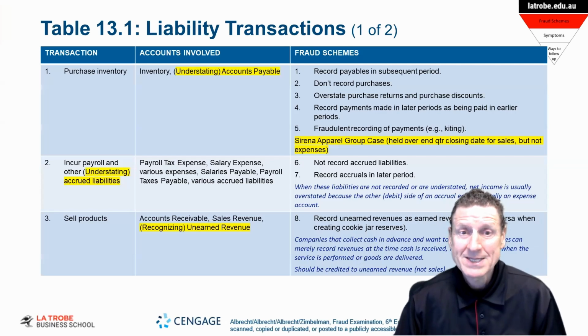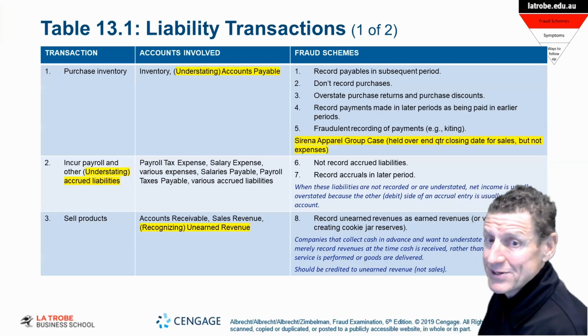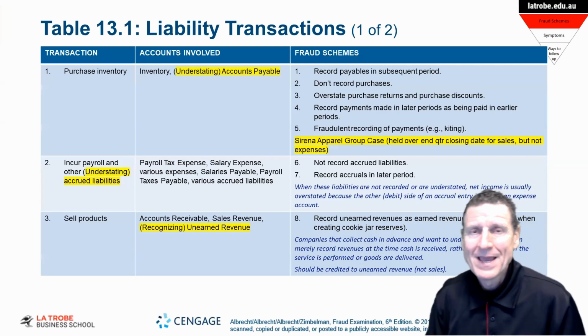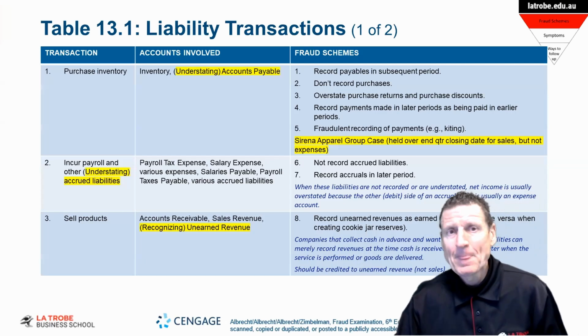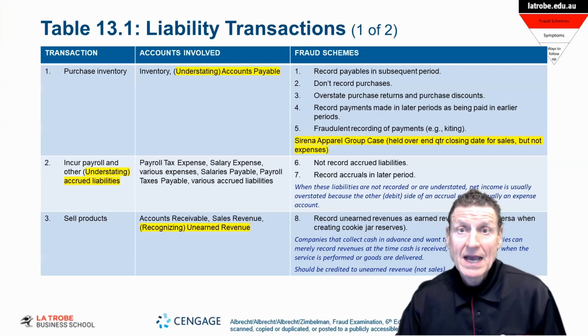We could sell products, and again, we can record unearned revenues as earned revenues, and we can do vice versa when creating cookie jar reserves. Again, the fraud schemes are about recording payables in a subsequent period. They are about not recording accrued liabilities.